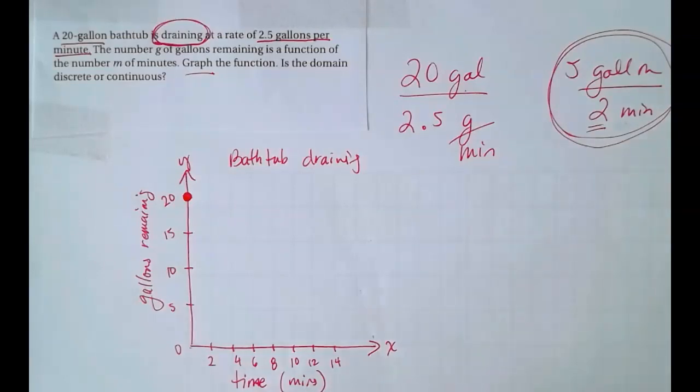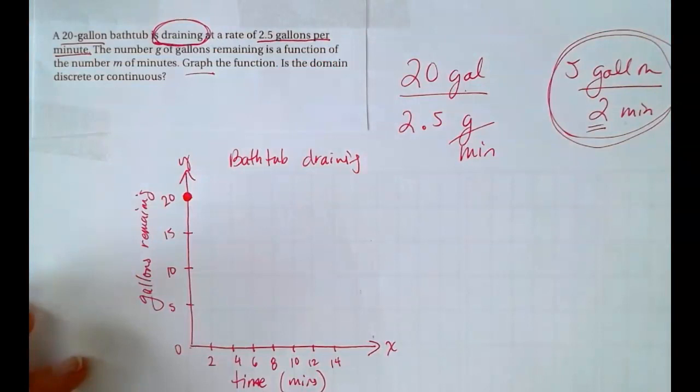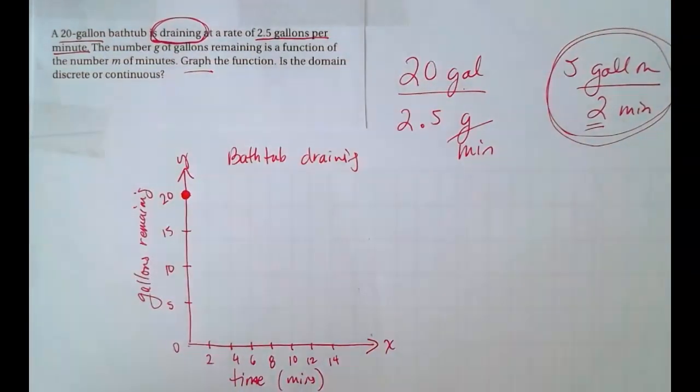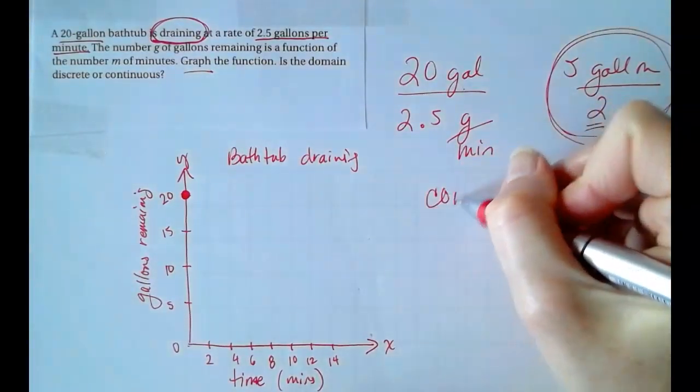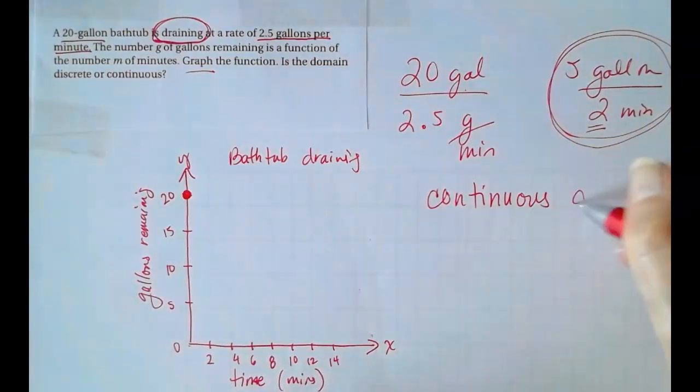So think about this. The bathtub is draining. Think about draining. Picture pouring water out of a bathtub or out of a gallon milk jug. Well, if that's happening, that is a continuous flow of water. So this is going to be a continuous graph.